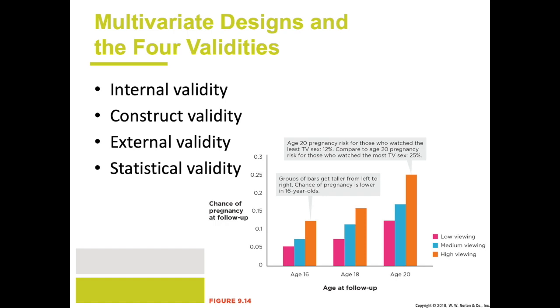So in the case where we had the sex on TV and pregnancy study earlier, we found the beta was 0.44, so that's the relationship between sex on TV exposure and pregnancy risk. And this was statistically significant.